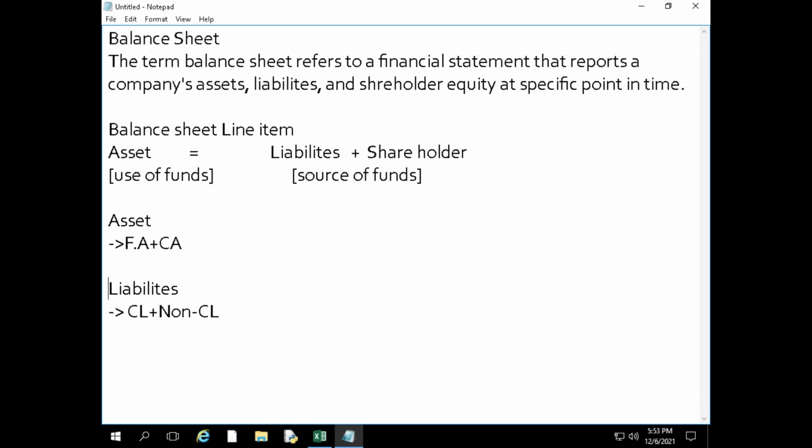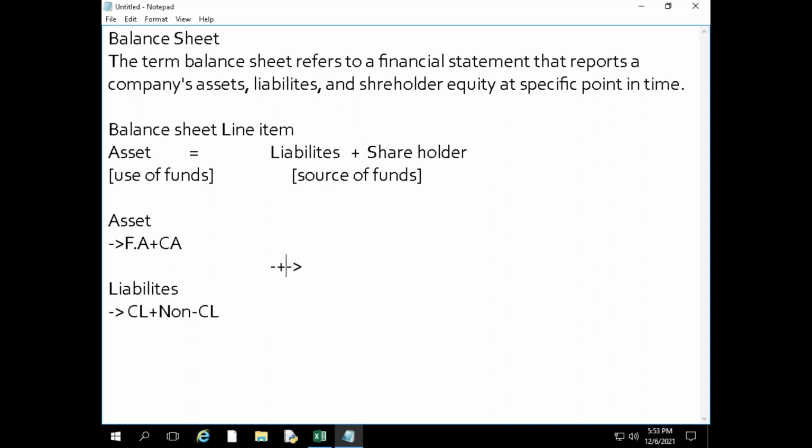When both are considered, we can get the retained earnings from the income statement, or we can make it capital plus shareholders' funds.